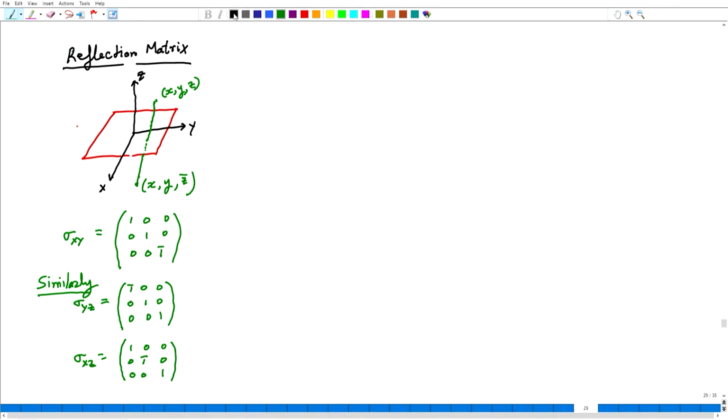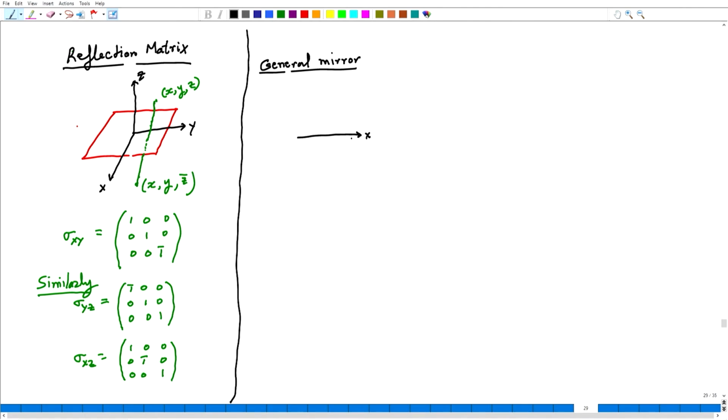Now, let us talk about a more general mirror. Let us say this is the x axis, this is the y axis, and the z axis is normal to the xy plane.